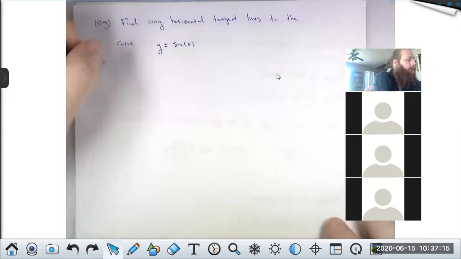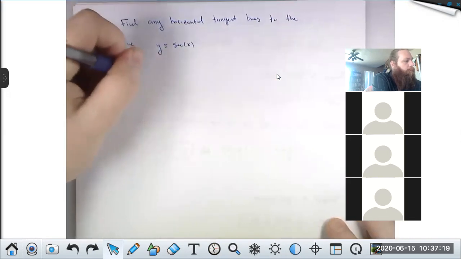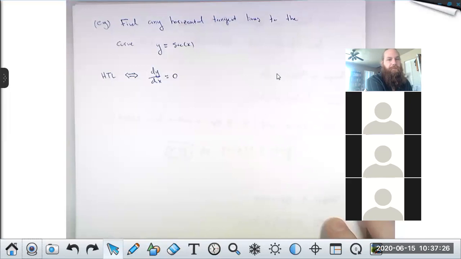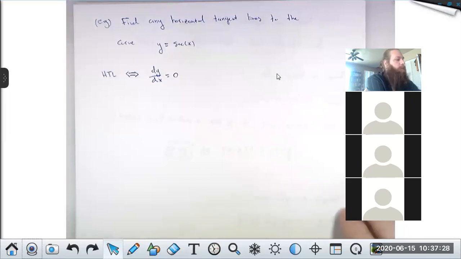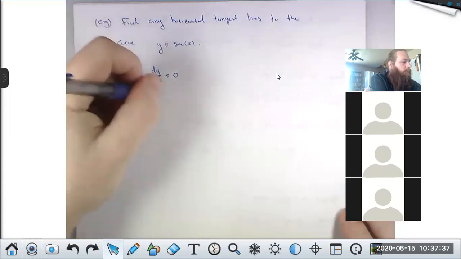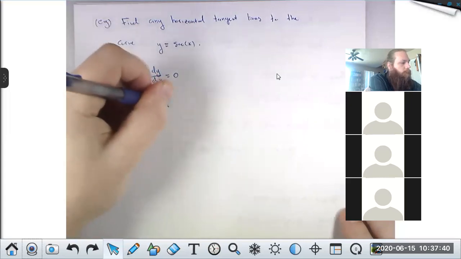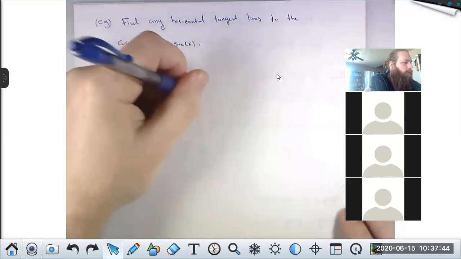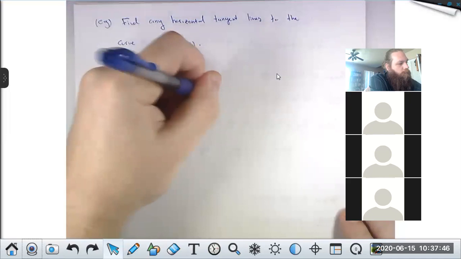So remember, HTL, horizontal tangent lines, come from places where the derivative dy dx is equal to 0. So we're going to find dy dx and then set it equal to 0. Dy dx, the derivative of the secant function, is secant x tangent x.